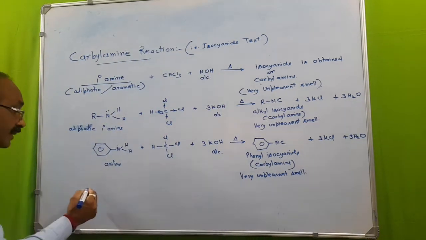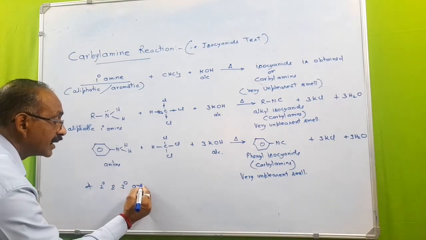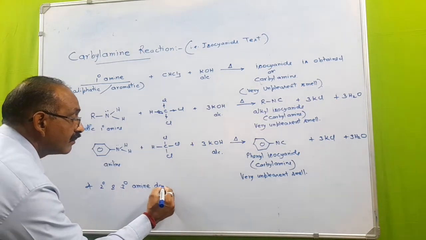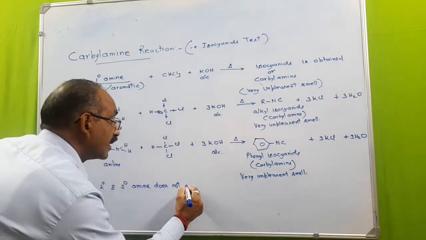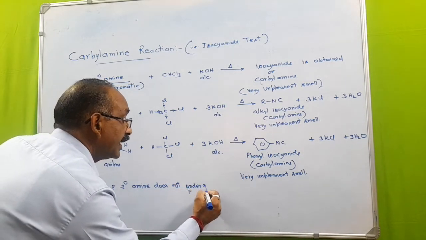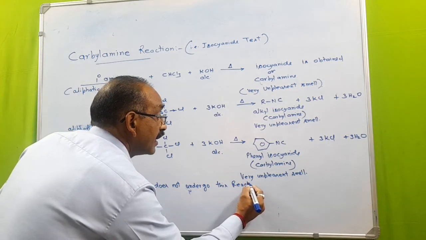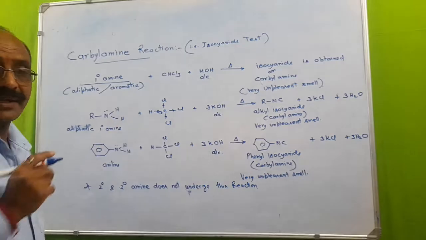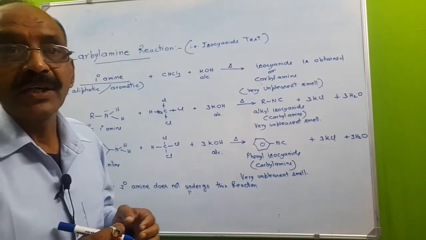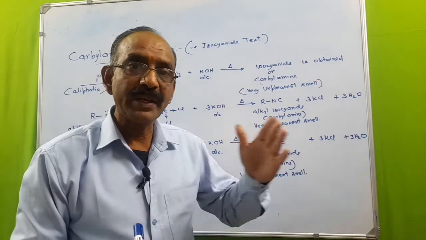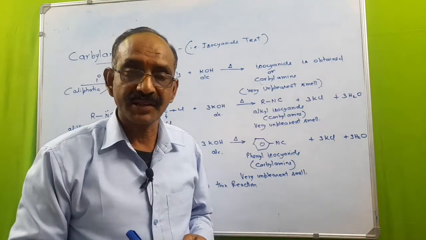Remember here that the secondary and tertiary amine do not undergo this reaction. Only and only primary amine undergoes this reaction, and that's why this reaction can be used as test for distinguishing the primary amine from the secondary and tertiary.